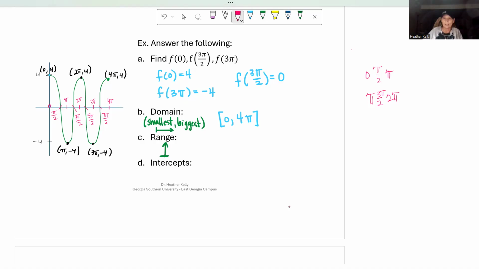I'm going to write this down, and you're going to forget this, but I'm going to write it down and make a big deal about it. The range is the only interval that uses y values.